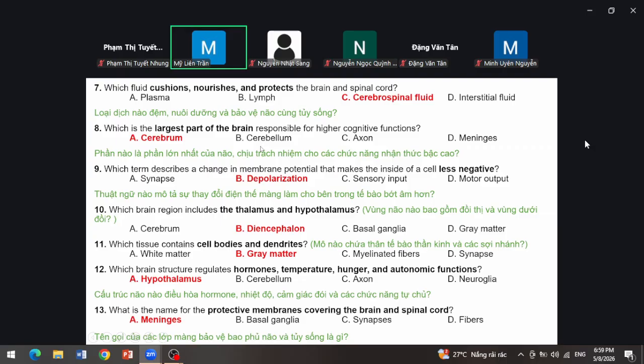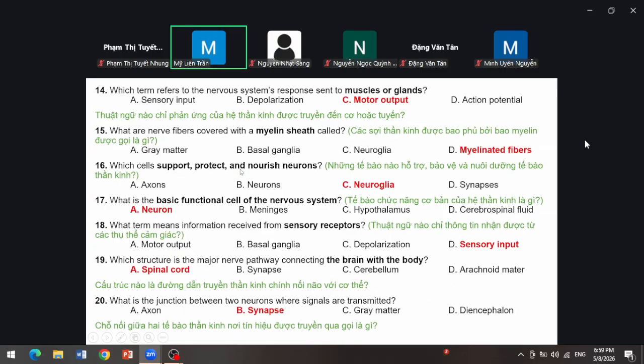13. Meninges is the name for protective membranes covering the brain and the spinal cord. 14. Motor output refers to the nervous system response sent to muscles or glands. 15.